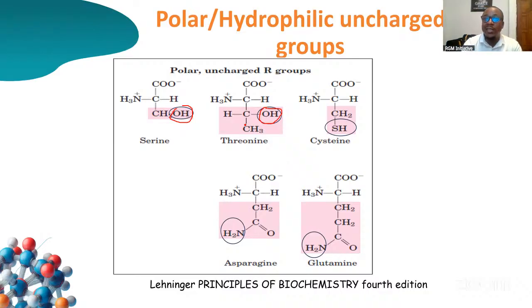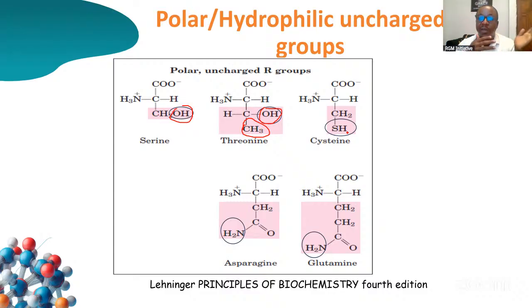The only difference is the extension of what? CH3. So if you can draw the structure of serine, just extend it with CH3, you get the structure of threonine. The same thing goes for cysteine. If you can draw the structure of serine, you can draw the structure of cysteine. Instead of putting OH in serine, you put SH, you get cysteine.